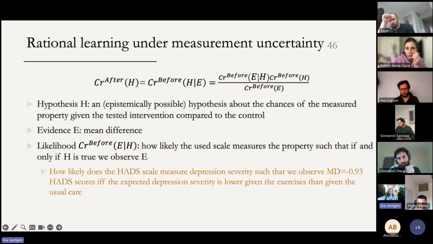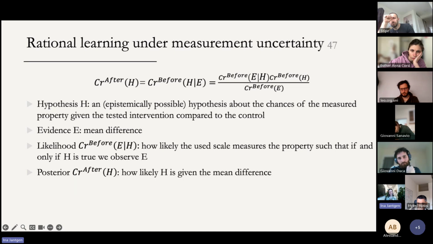So that captures your beliefs then about the measurement relationship between the HEAD scores and depression severity. I know this is quite quick, but I'm happy to talk about it in the Q&A if people are interested. But basically then you just update by conditionalization, and then you end up with the credence in how likely this claim about the chances involving the measured property is true, and then you match your credences in the measured property to those posterior credences.